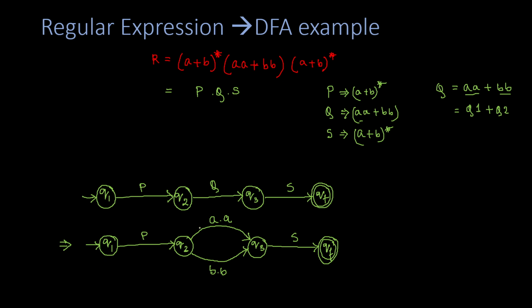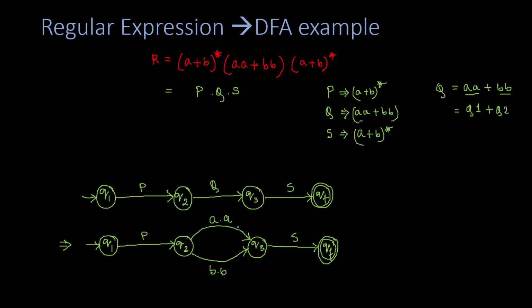Since AA is there, it means that from Q2 to Q3, either it has to follow two A's or two B's. But you cannot draw a DFA in this way. A is not a symbol; only A is a symbol, and AA is going to be a string.